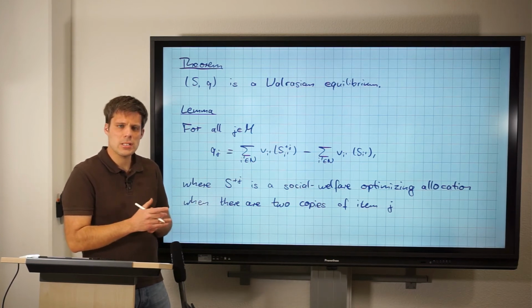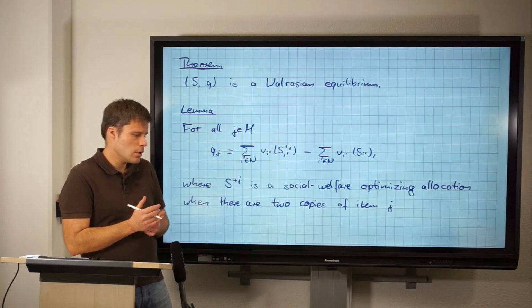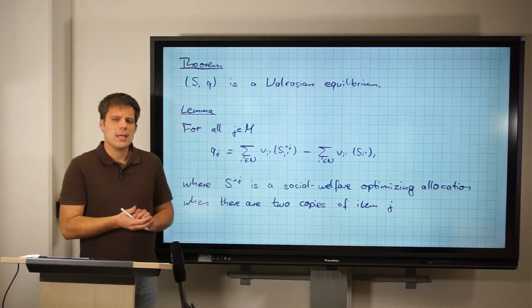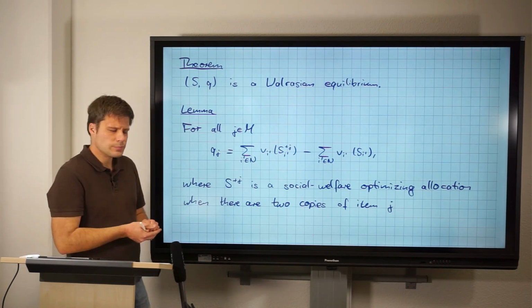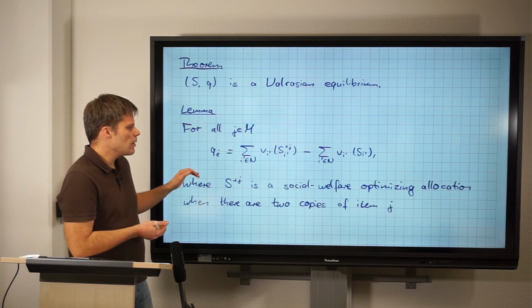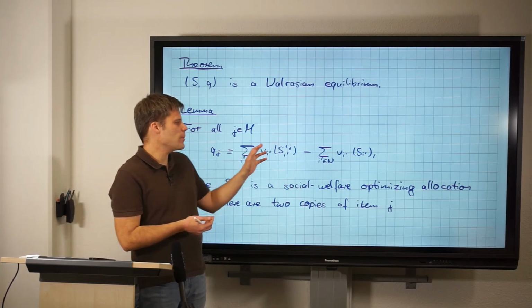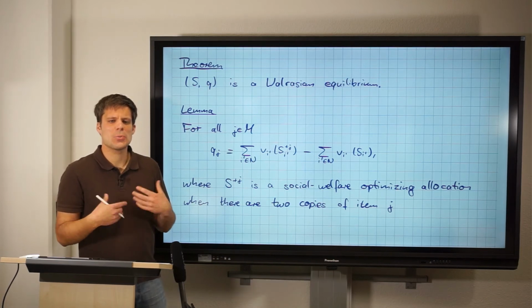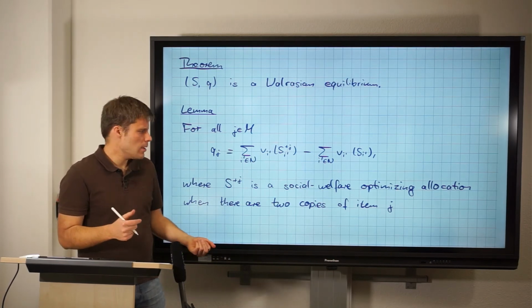So how much does he or she hurt the others? Now this is a different way of stating this. Now we state that the price of item J is by how much our social welfare would increase if we had item J twice rather than once.